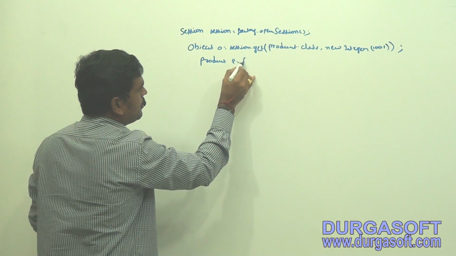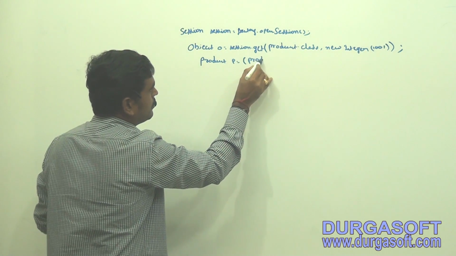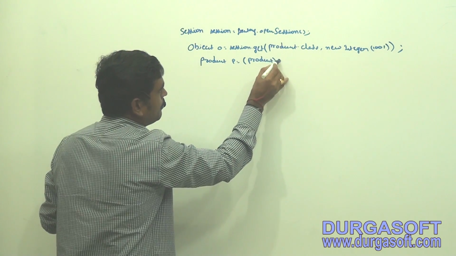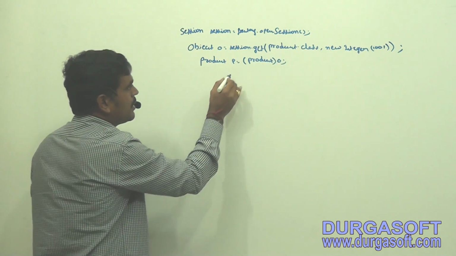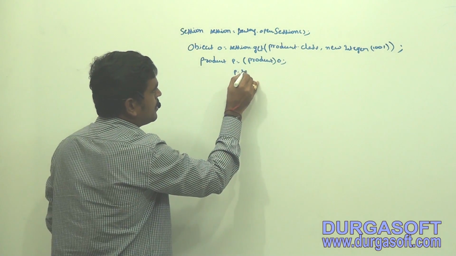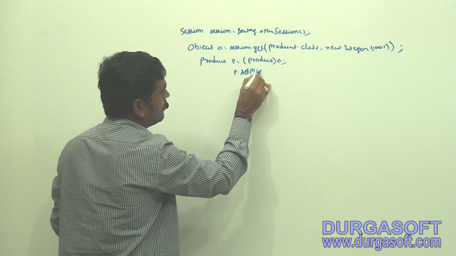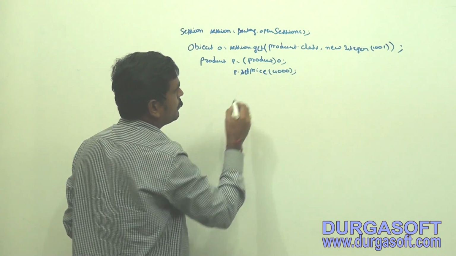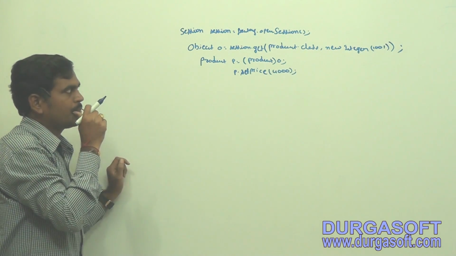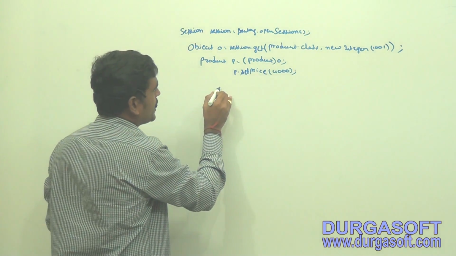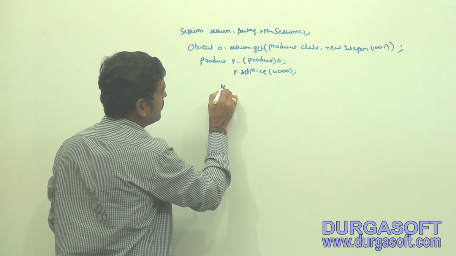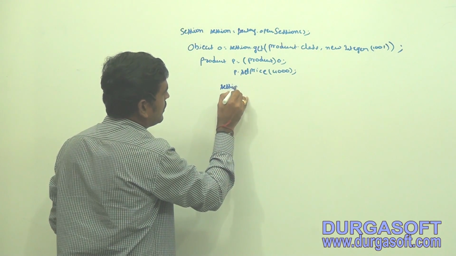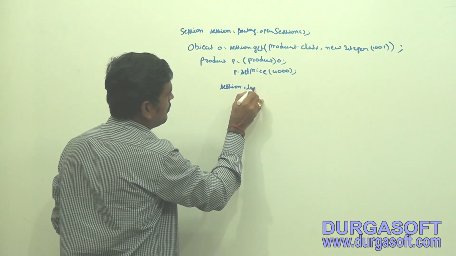P is equal to Product of o. The next p dot setPrice 4000. After that I am going to close the session object. Session dot close.